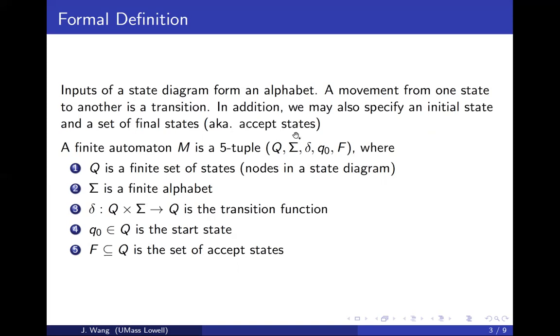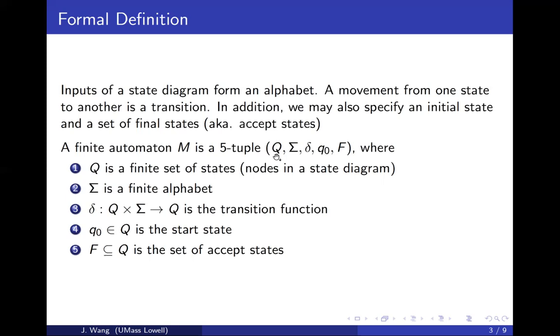Once we have this, we can formally define what a finite automaton is. So an FA M is a 5-tuple Q, sigma, delta, Q0, and F, where Q is a finite set of states.